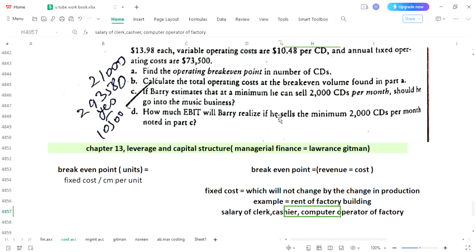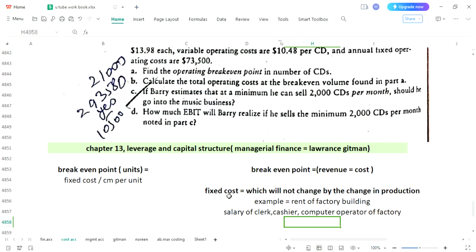No matter what the level of production is, these are examples: rent of factory, salary of clerk, cashier, computer operator. These workers are not associated with the production. If you have produced 10,000 units, the salary of clerk will be the same. If you are producing 5,000, that means half the number of units in comparison, even then the salary of clerk would be the same. So this is your fixed cost.